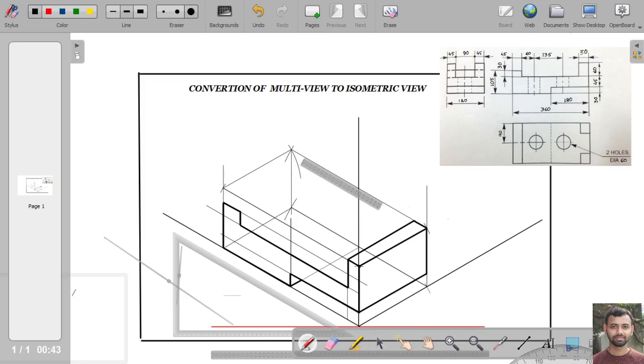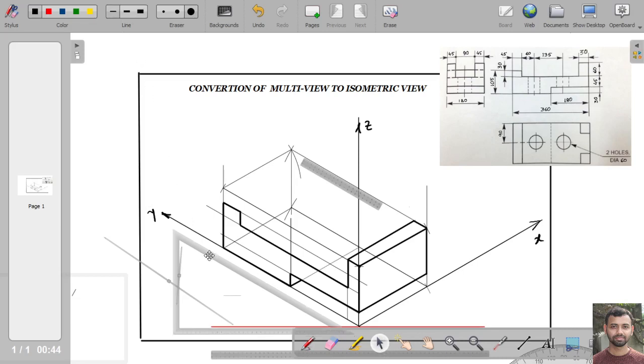if we say that this direction is the x-axis direction, this one is the y-axis direction, and this one is the z-axis direction, suppose. So now we will draw all the isometric lines that are parallel to the y-axis.